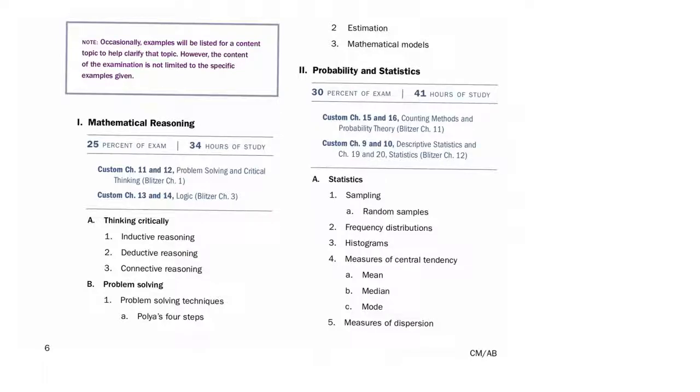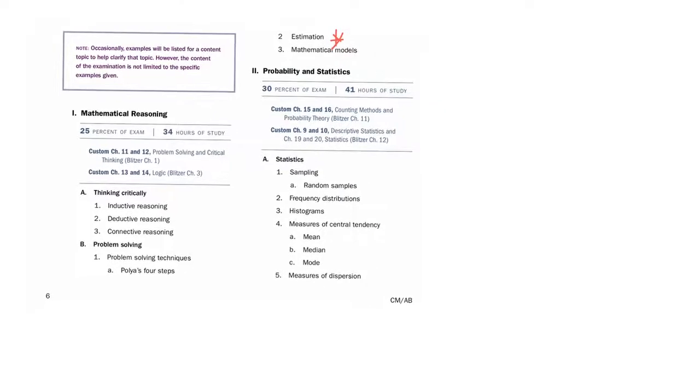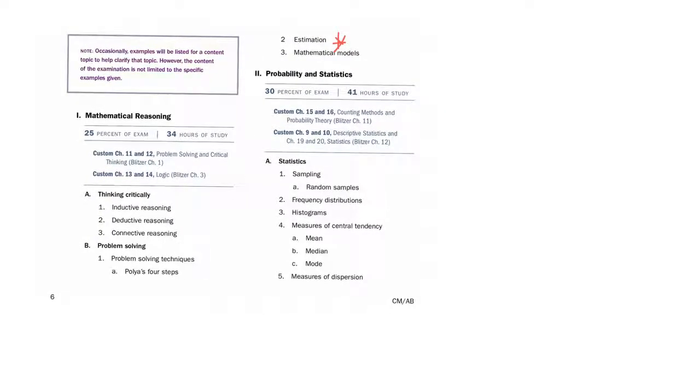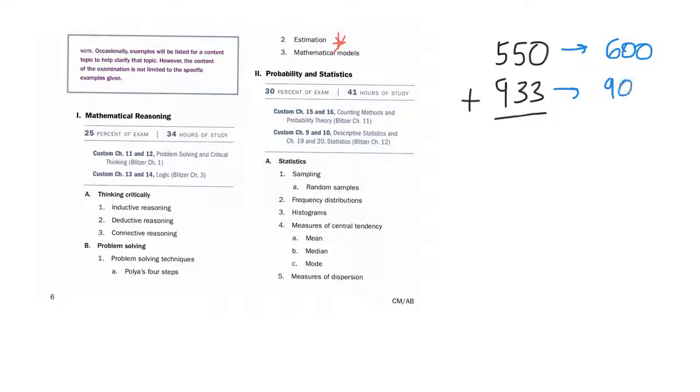Okay, moving on to estimation. And estimation, I'm going to assume that they mean rounding things off to make things easy for yourself to get a general ballpark idea of the answer. So, for example, if we had these, well, you could certainly perform an estimation and turn 550 into 600 and 933 into 900, and then you could add those, and then that's a very easy calculation.